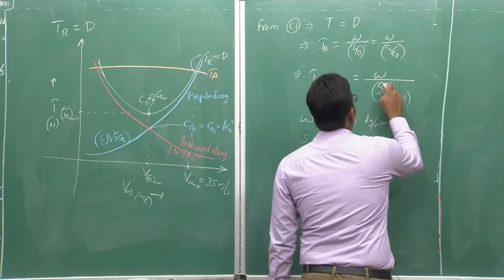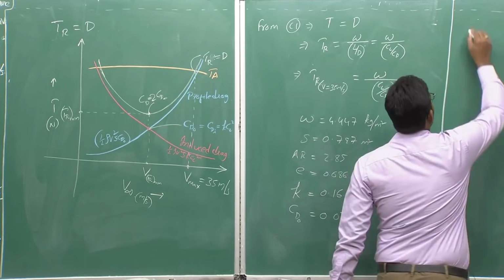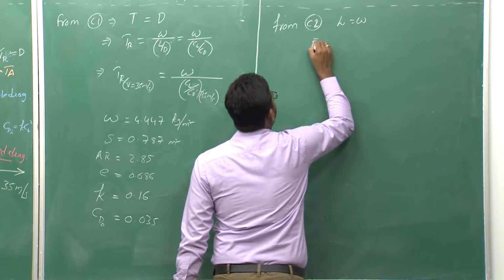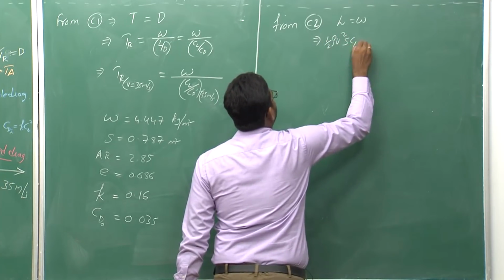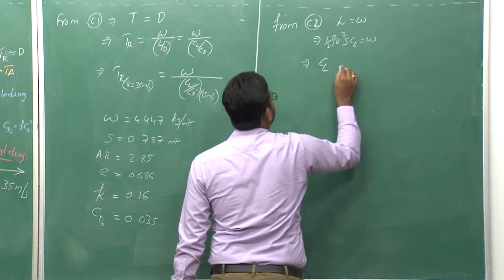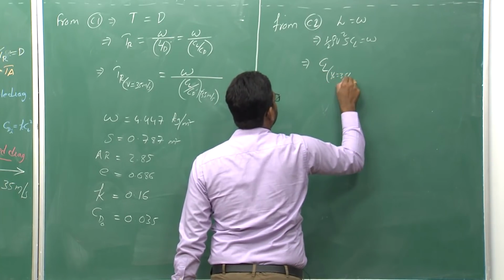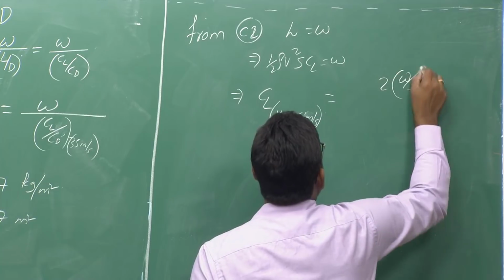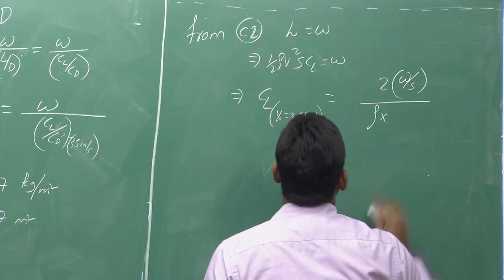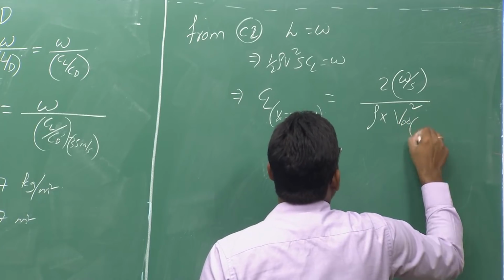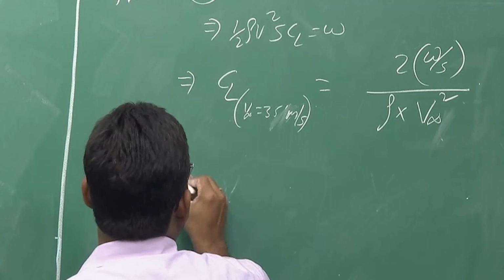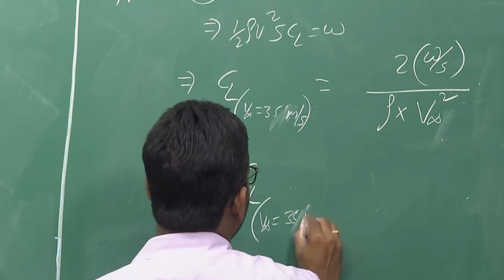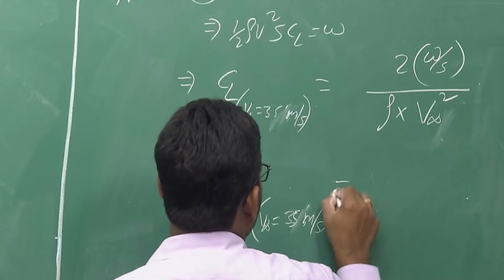So, what will be the CL for 35 meters per second? From C1, C2, we have L equals W, which is half rho V square S CL equals W. We have CL for this case, when V infinity is 35 meters per second, equal to twice the wing loading divided by density at the respective altitude into the corresponding velocity of flight, 35 meters per second.